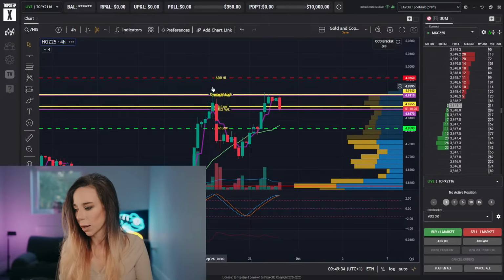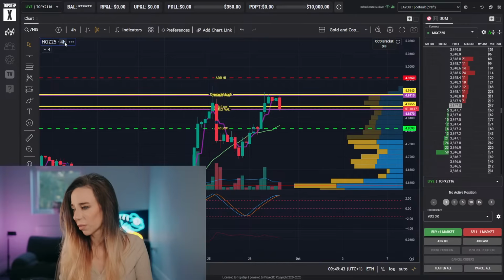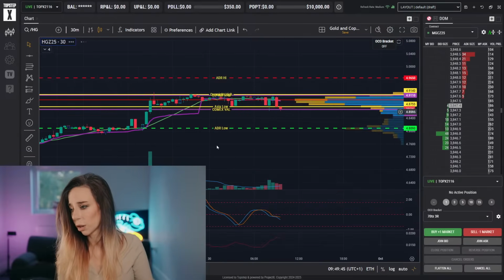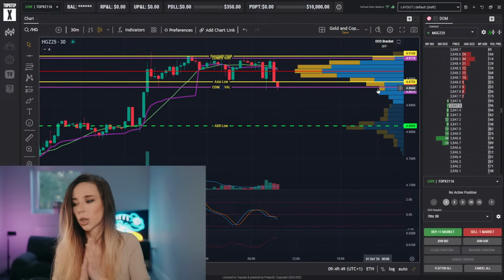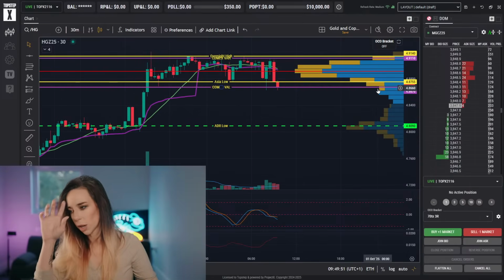So this was 25th of September. That was the day's high. And we never even got there. Is that a sign of bulls? Don't think so. So I'm a little bit, just a touch bearish based on this situation.